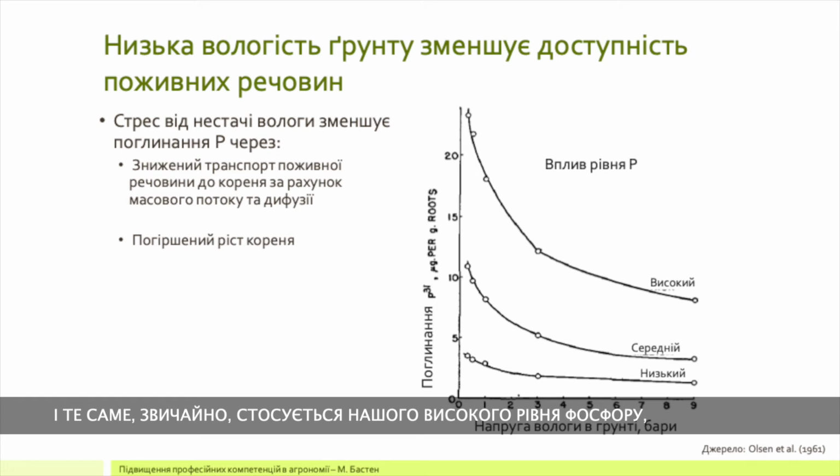If you have a very high level of phosphorus, even on very limited soil moisture, the crop is still able to take up quite substantial amounts of phosphorus. So that means the concentrated starter fertilizer can help under both conditions, low temperatures, but also limited moisture, to get at least the phosphorus nutrition right in the crop.